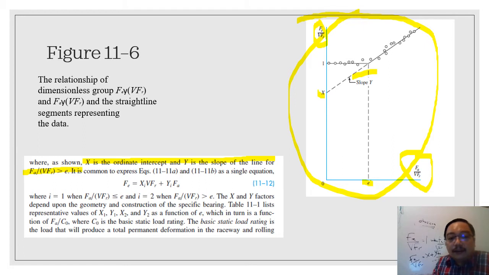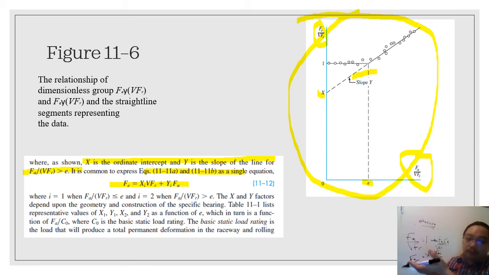It is common to express Figure 11.6 as a single equation: Fe equals X1 V Fr plus Y1 Fa. Remember, X is the slope, and Y is the intercept. V is the rotation factor: 1 for the inner ring and 1.2 for the outer ring.